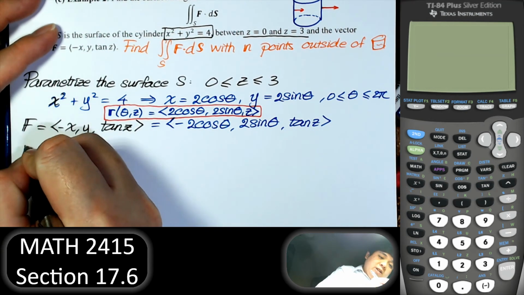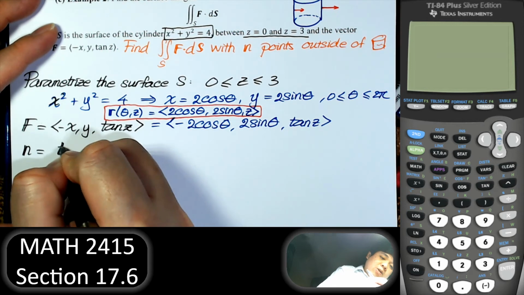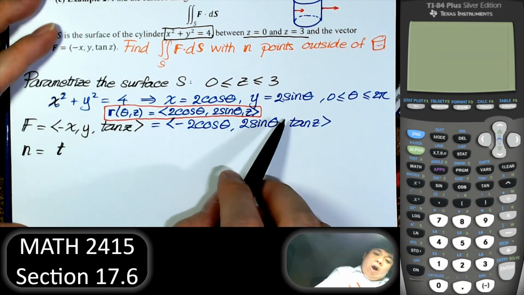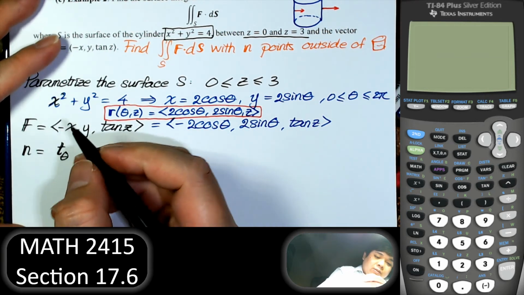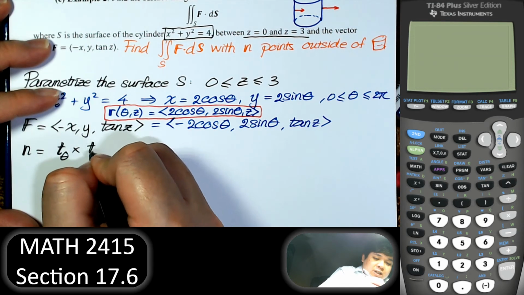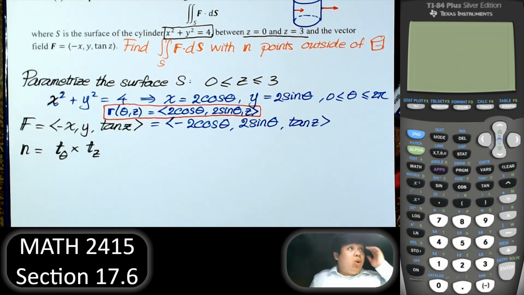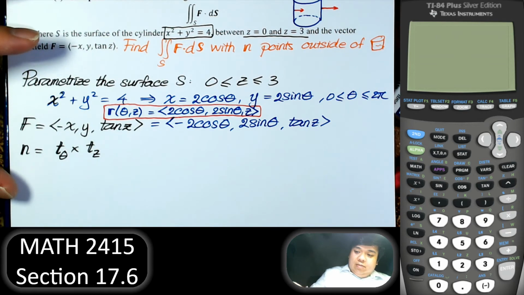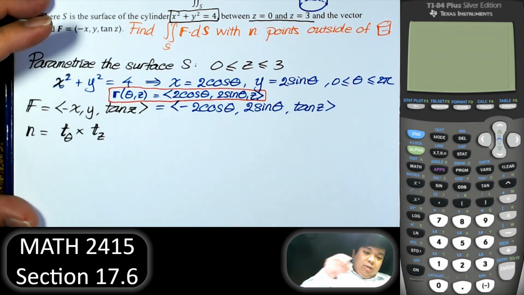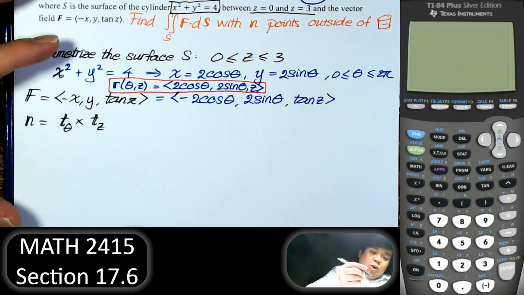Next, the normal vector is the derivative with respect to the two parameters, theta, cross with respect to z. When we write the formula, we specify one more time.